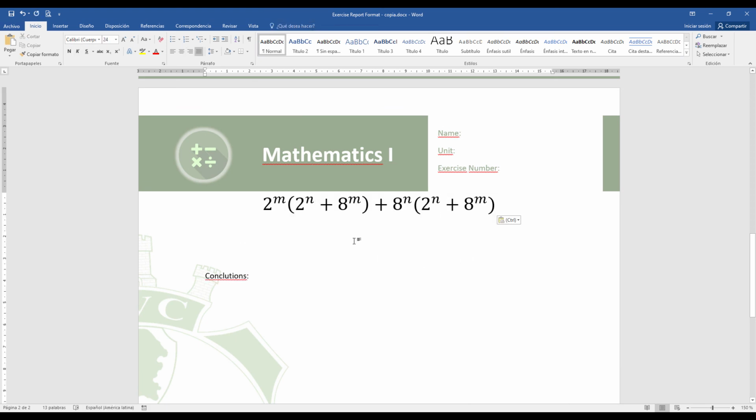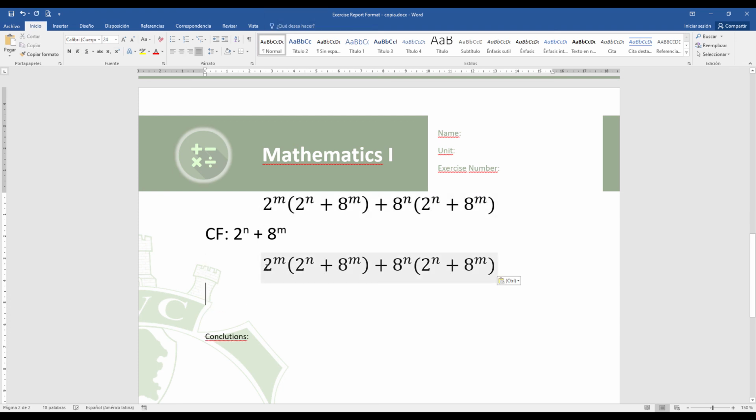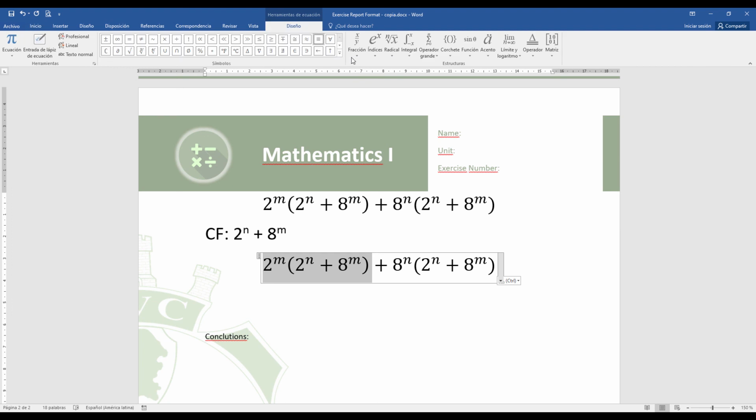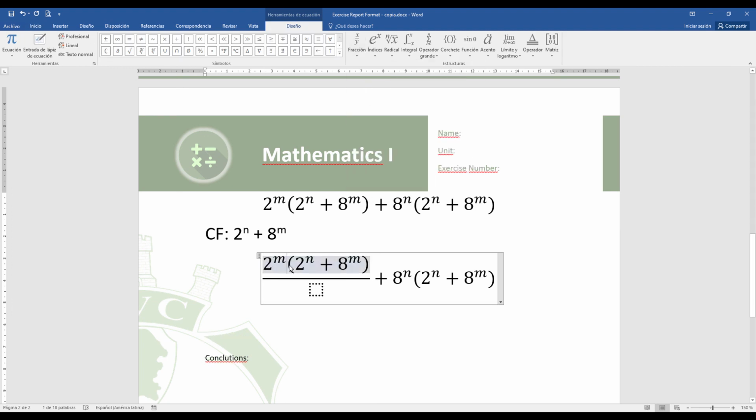And you look for another common factor here. This is the common factor, 2 raised to n plus 8 raised to m. So again you need to divide by the common factor here.